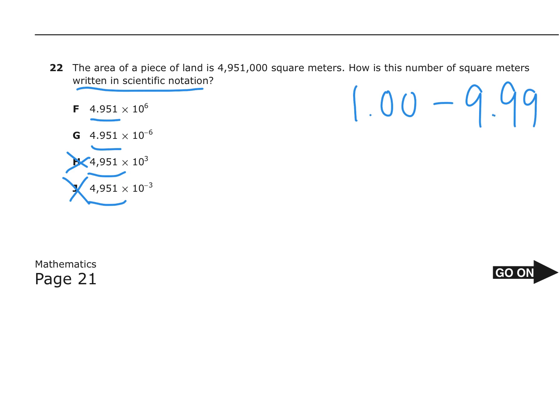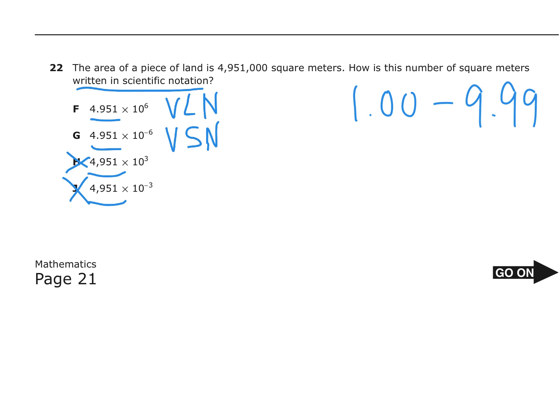Now they both have the same number, 4.951, but one is times 10 to the 6th power, which is a very large number, and the other would be a very small number. 4,951,000 is a very large number.